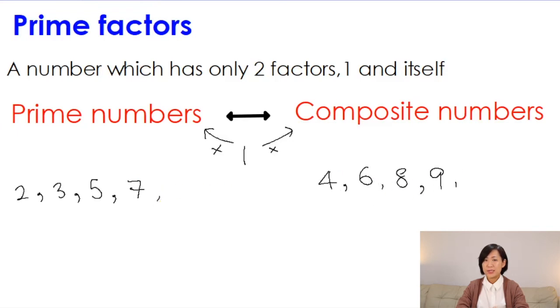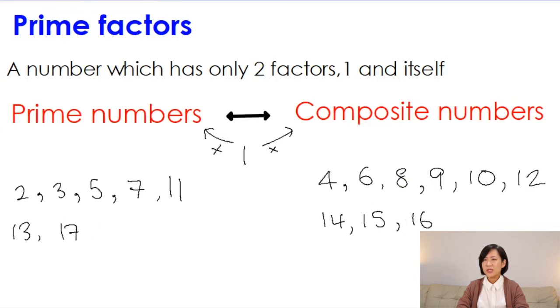Because 2 is a factor. Then 9, 10, 11 hasn't got any factors, right? Then 12, 13, 14, 15, 16, 17, 18, 19 hasn't got any extra factor except 1 and itself. Now 20. Now we can stop here.